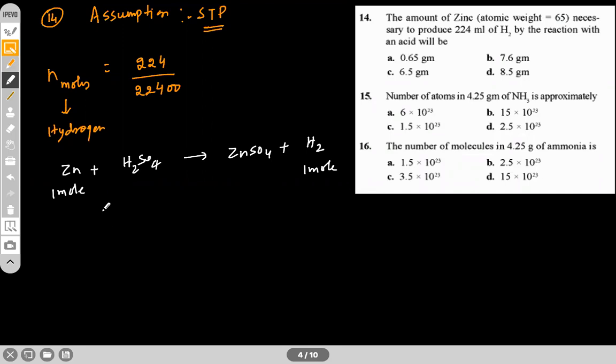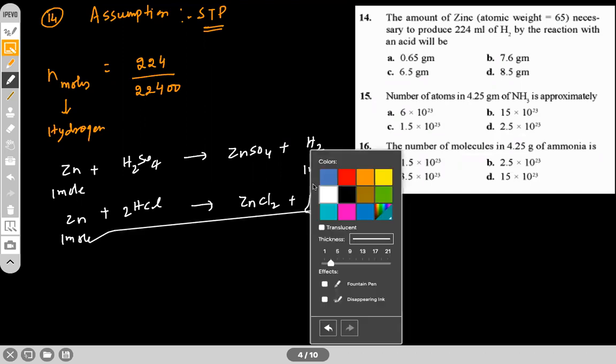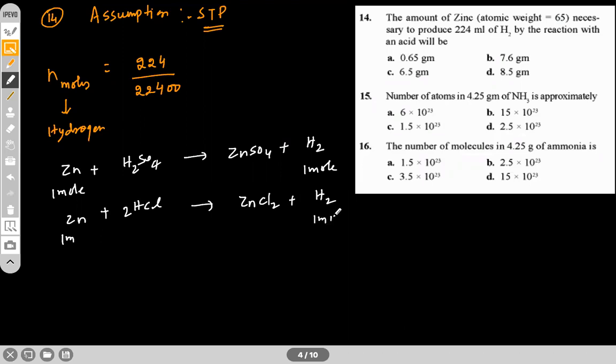Even if you take another reaction like HCl, suppose zinc plus HCl, it forms ZnCl2 plus H2. Again, you see 1 mole of zinc gives 1 mole of hydrogen. So this information you should have, that is how zinc produces hydrogen gas.